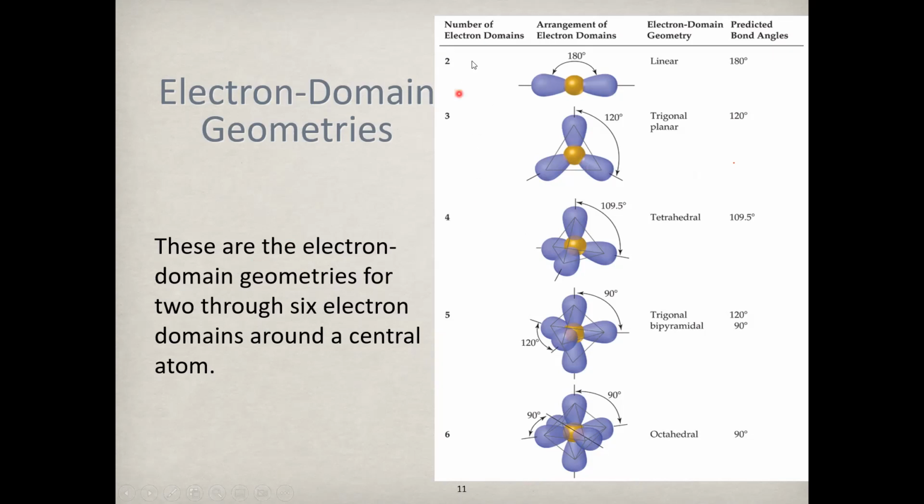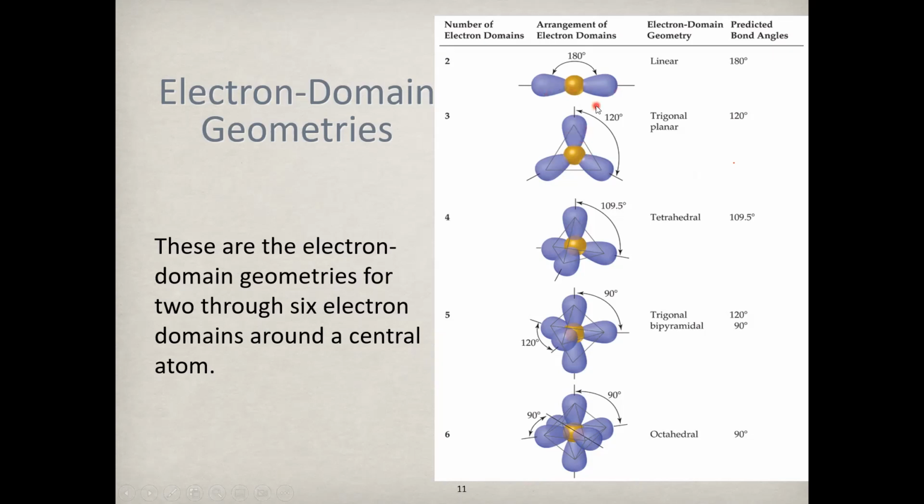So depending on how many electron domains we have, we're going to have a different electron geometry, which shows us the best way for those domains to spread out. But we will see there is going to be a difference in some cases between the electron geometry and what the molecule actually looks like, if any of those electron domains are lone pairs.